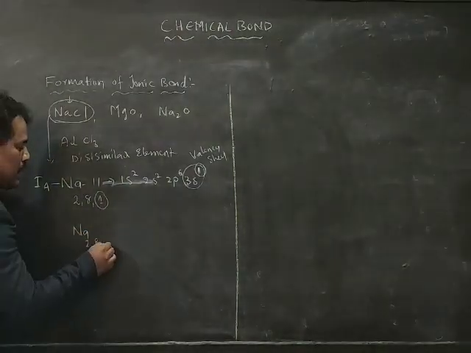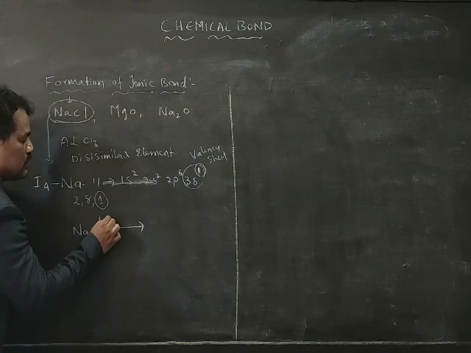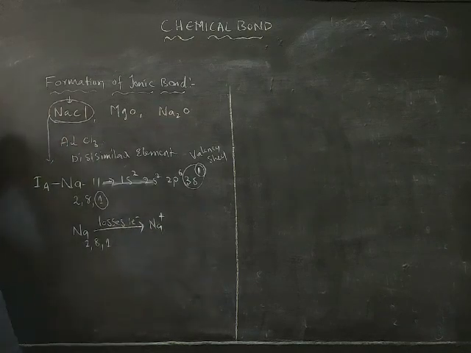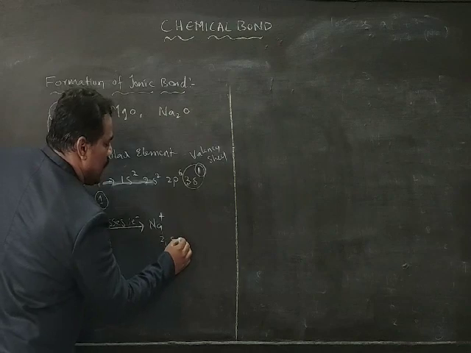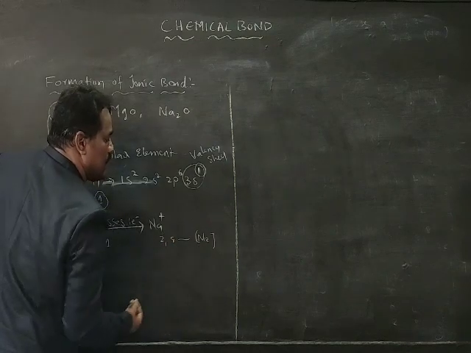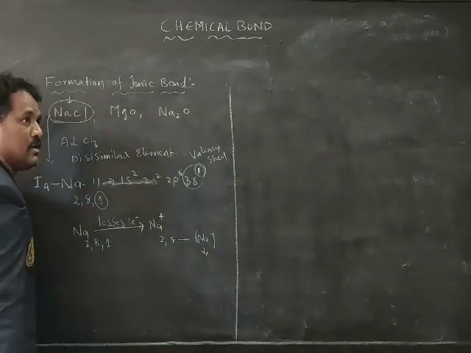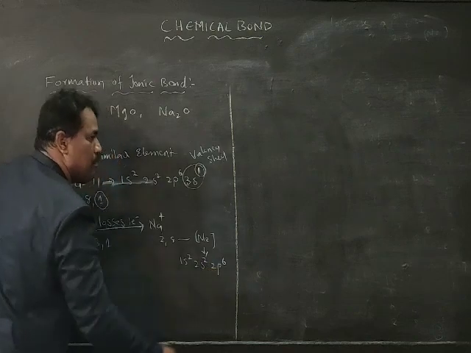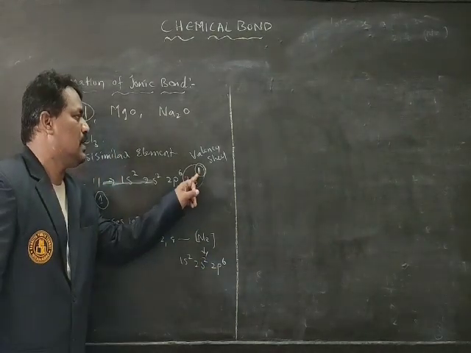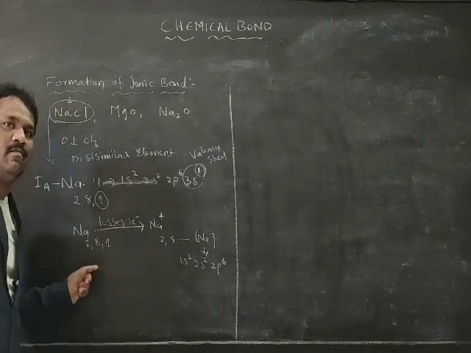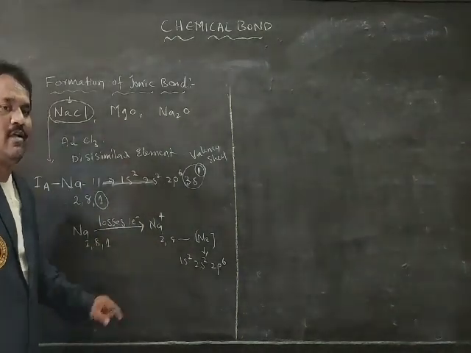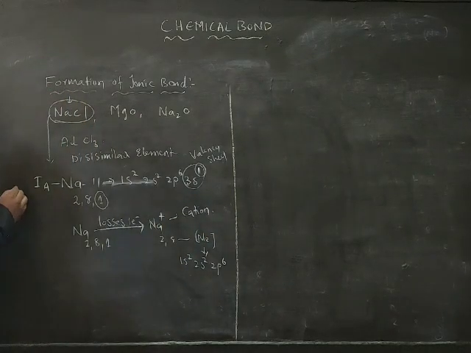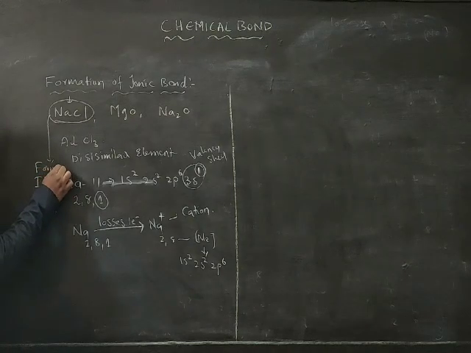Sodium 2, 8, 1 loses one electron and forms a sodium plus ion, 2, 8, equal to the neon electronic configuration 1s2, 2s2, 2p6. The one electron existing here has been lost by this element, so that an Na plus ion, called a cation, forms. This is the process of formation of a cation.